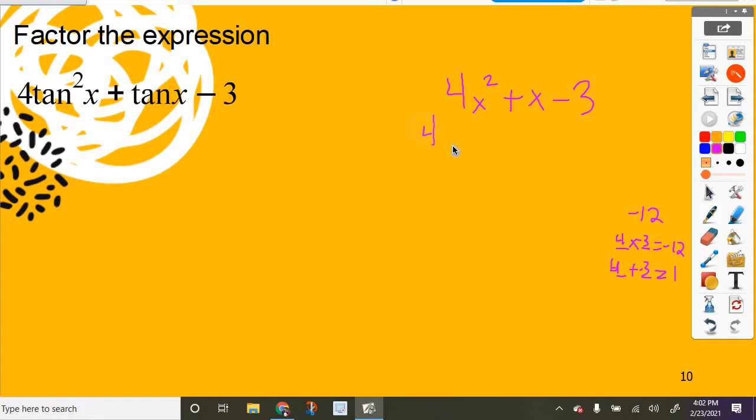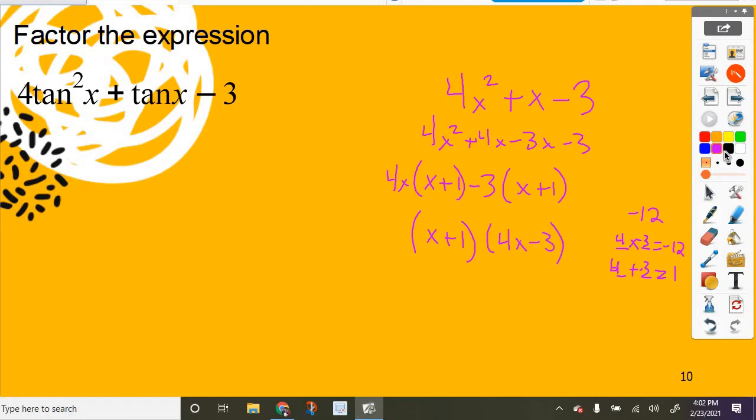So then we use those 2 numbers to break apart our middle term, and then we factor by grouping. So we get 4x times x plus 1, a negative 3 times x plus 1. So finally we get x plus 1 times 4x minus 3.